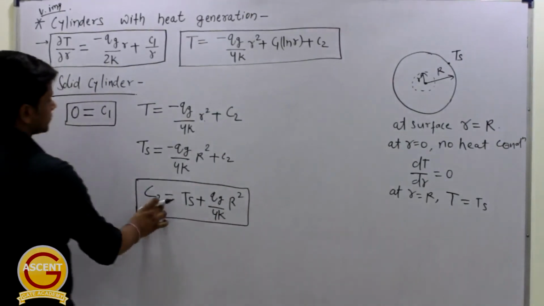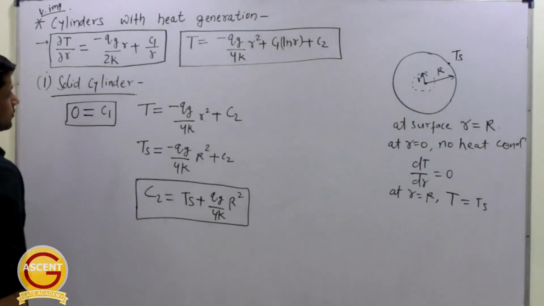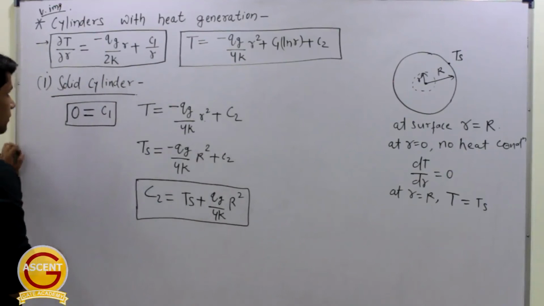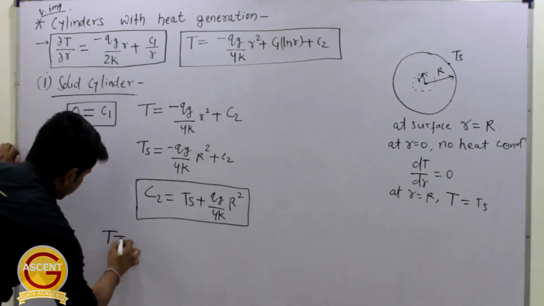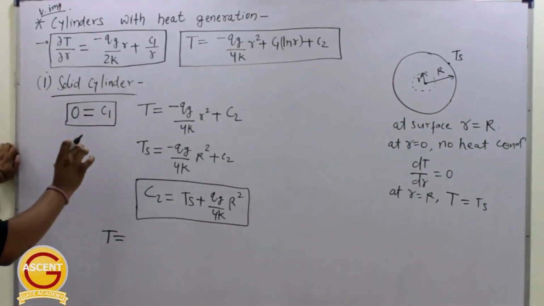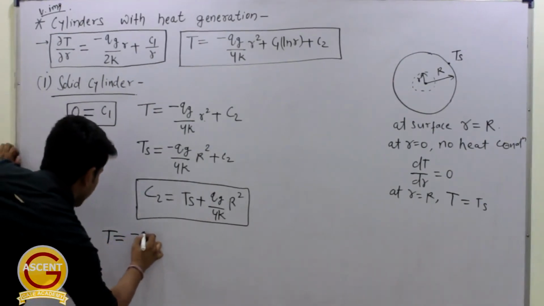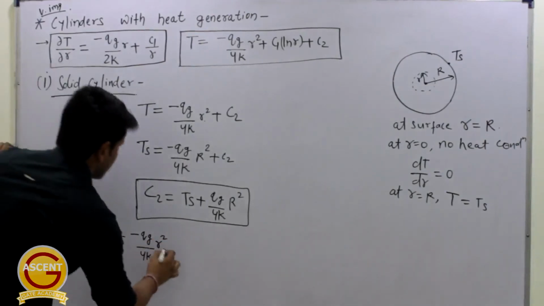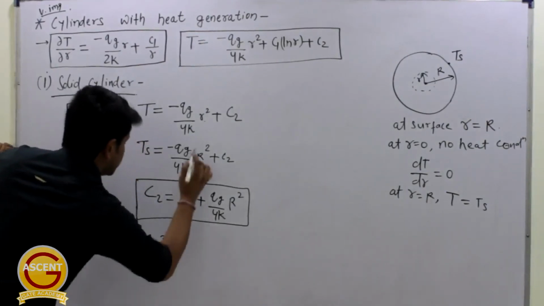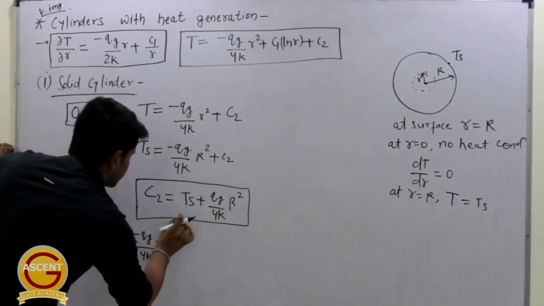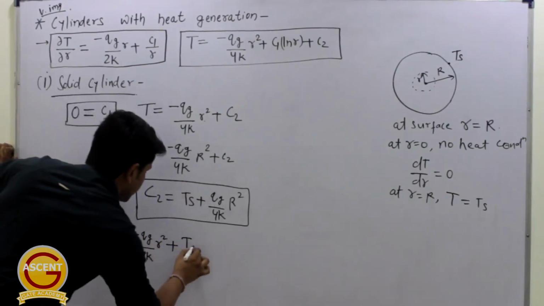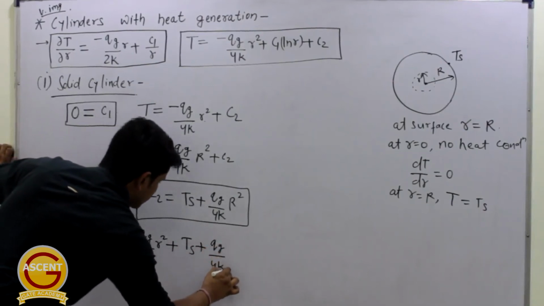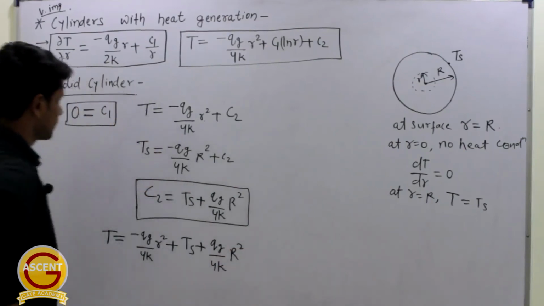Now by putting these values of C2 and C1 in this temperature equation, we will get the temperature profile for this solid cylinder. So what do we get? T will be equal to minus Qg by 4K small r square, plus C1 is 0 so that term will vanish, then there is C2. So it will be Ts plus Qg by 4K into capital R square, correct?